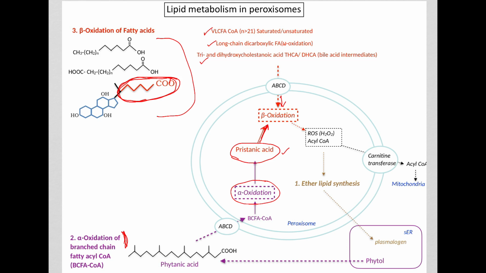They all go through beta-oxidation and are broken down either in the peroxisomes into simpler products, acetyl-CoA and propionyl-CoA, or are sent to the mitochondria, where they are broken down into simpler substances such as acetyl-CoA, propionyl-CoA, and isobutyryl-CoA.